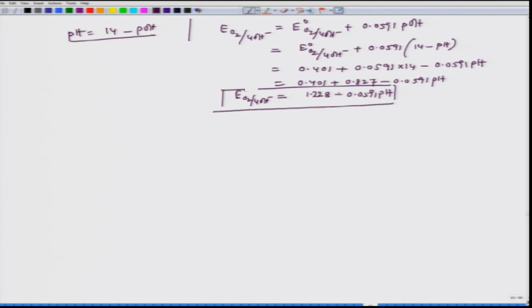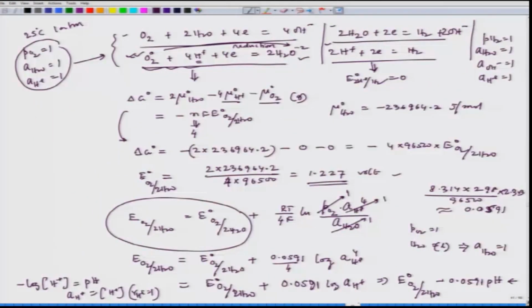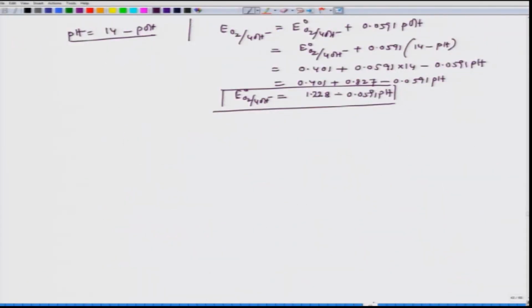So, we get this, which, if we compare with the value we have obtained in the case of acidic media, is 1.227 minus 0.0591 pH. So, that means I can see that this is for this reaction.